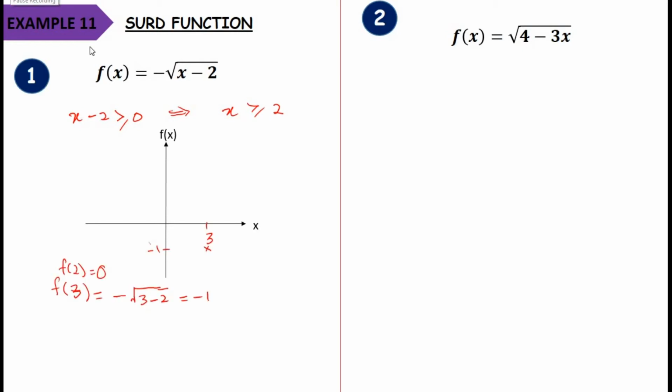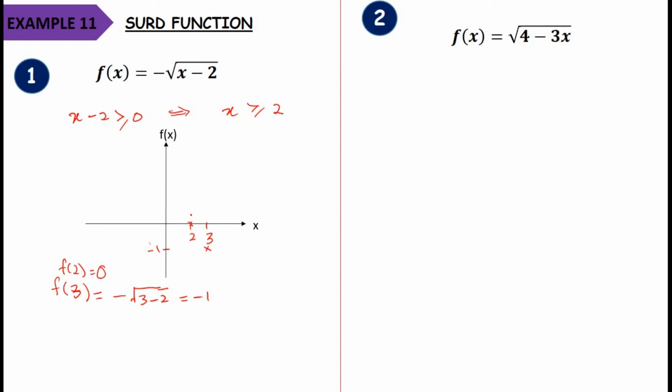Same as before, you have to find a few points to plot into the graph. Let's say you take f of 2, meaning that x is equal to 2. Then you find f of 2 is equal to 0. So you get one point, which is 2, 0.